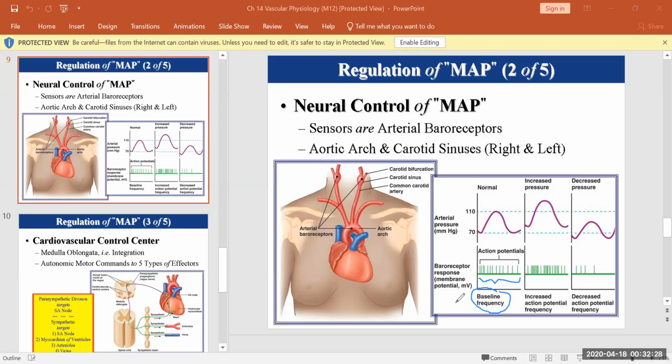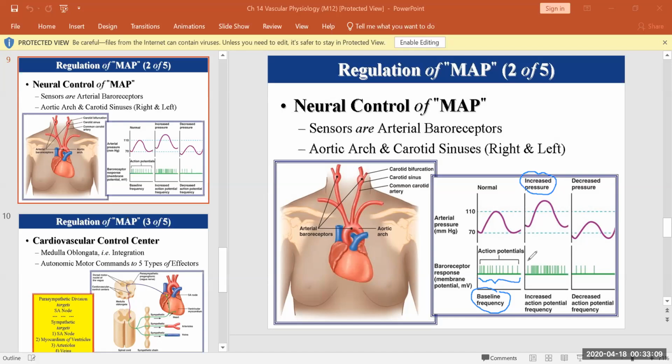As soon as blood pressure increases, so over here, right? When the pressure inside the blood vessel increases, it will expand and distend the wall of the blood vessel, either at the aortic arch or the coronary sinuses. Once that happens, that mechanical action, the expansion, activates these neurons, inducing them to increase the frequency of their action potentials produced per unit time.